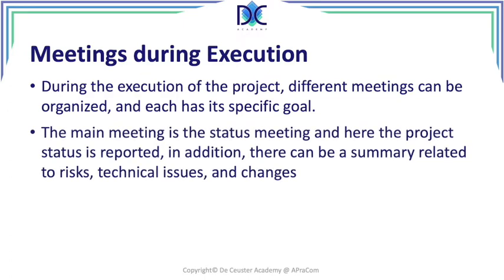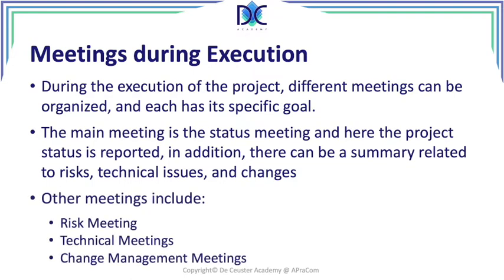Now, the main meeting is the status meeting, and here we report status. Where is the project? But we should also have a summary here related to risks, technical issues, and changes. Now, other meetings that we can have are risk meetings. When we have a large project, we can have dedicated risk management and risk meetings.